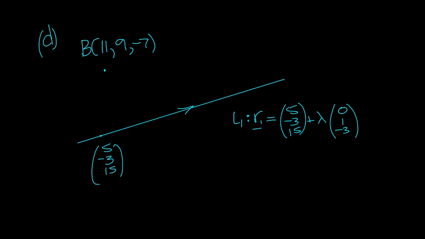Just drawn it afresh now, just to give us a bit more room. So here's this line, and then we've got a point here, which you can suppose is D, for example. Now, this point here has these coordinates, 5, minus 3 plus lambda, and 15 minus 3 lambda.